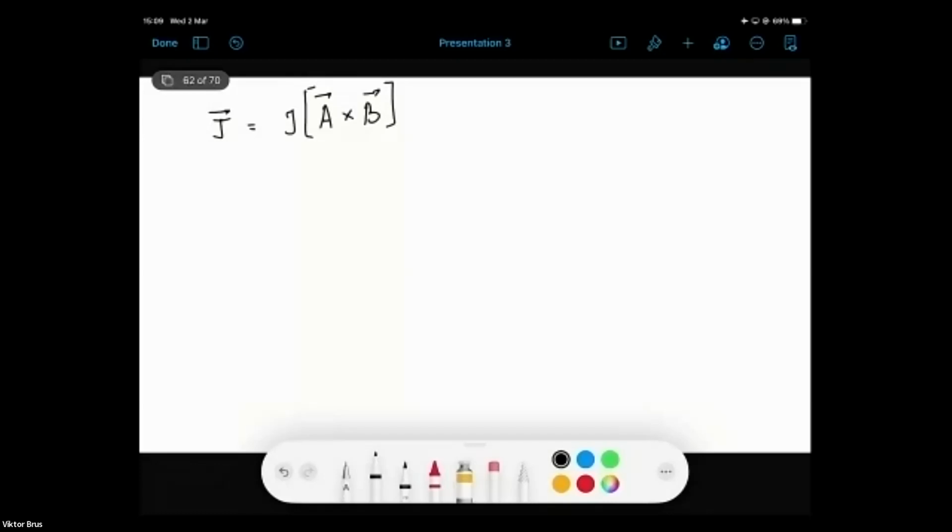So now let us introduce one new parameter, which is the product of electric current and vector A. That product is defined as the magnetic dipole moment.